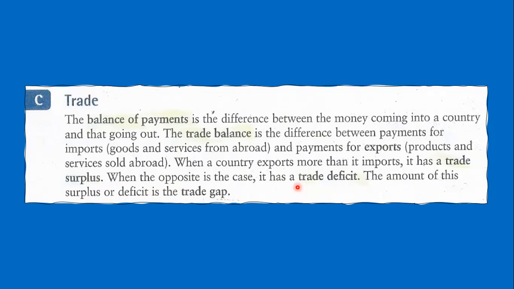When you import more than what you export, you call it a deficit or trade deficit. And it's the same in companies when you are talking about the general balance in a company. When you lose money, you call it deficit. So the amount of this surplus or deficit is the trade gap. That difference between them, positive or negative, is called trade gap. You got it?